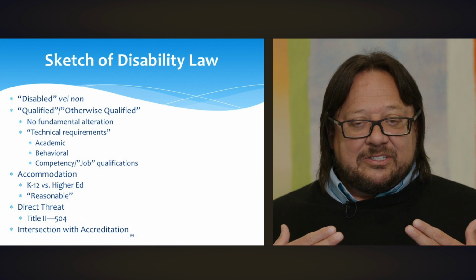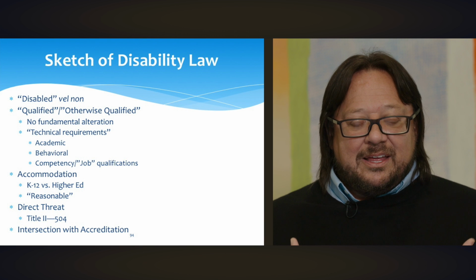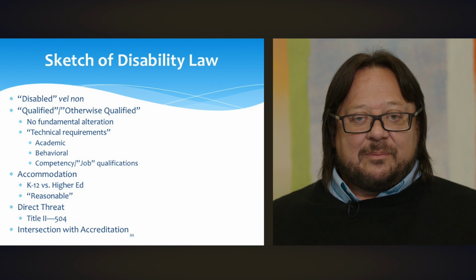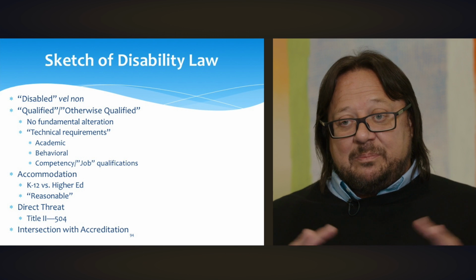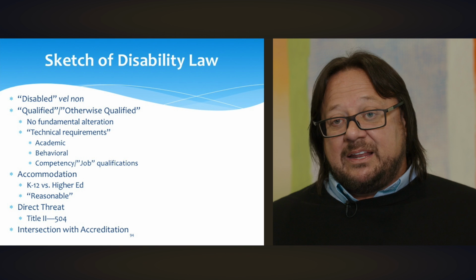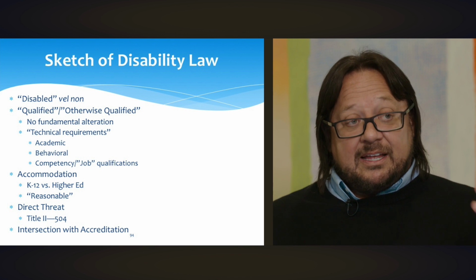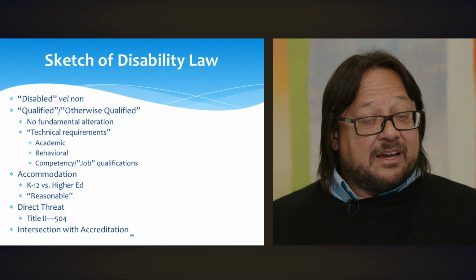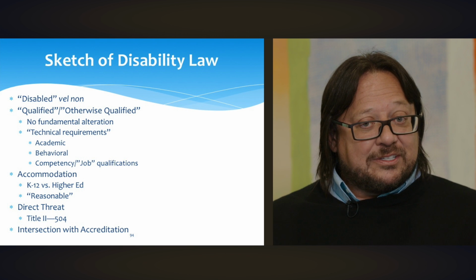Again, notice the intersectionality with accreditation. You may not be picking this up, obviously, from what you're working on right now, but I want you to see this: through the back door of accreditation, the Department of Ed in particular is beginning to force higher ed to do more competencies, outcomes, and assessment work, which connects very closely with qualification standards.